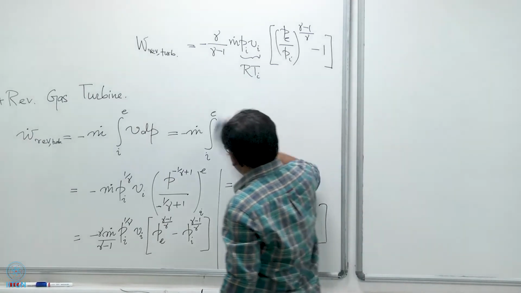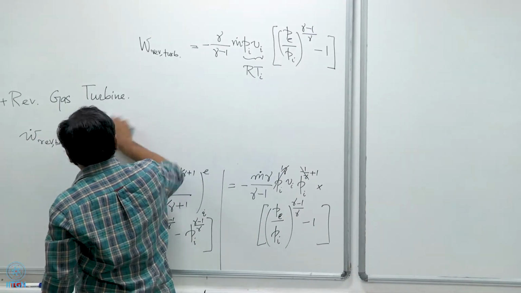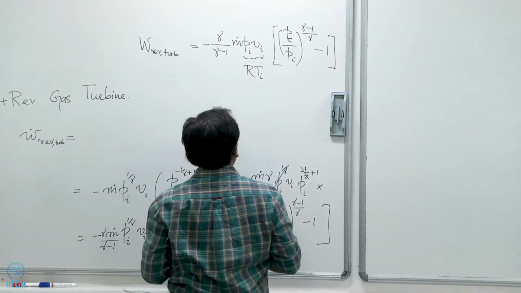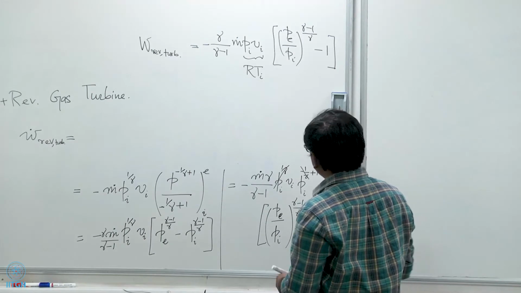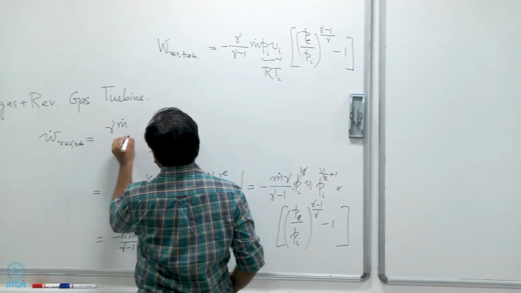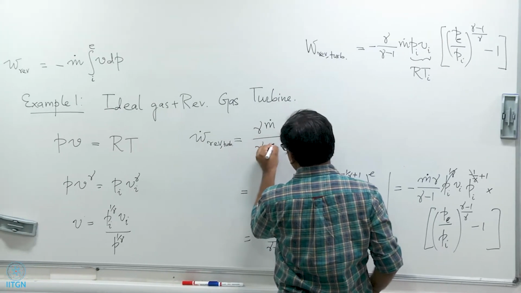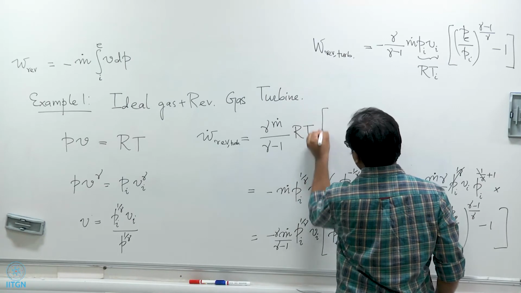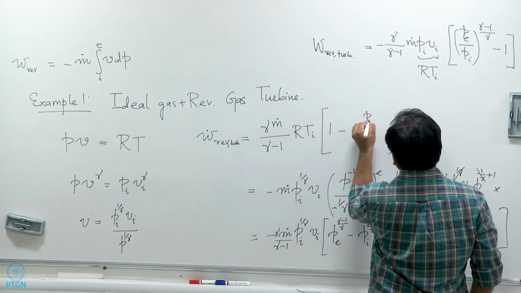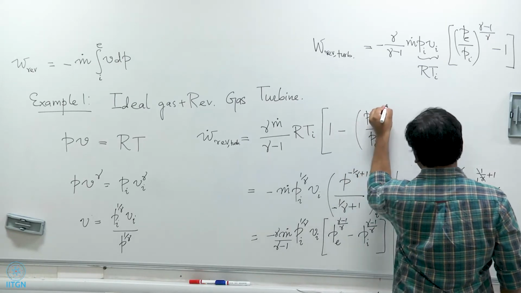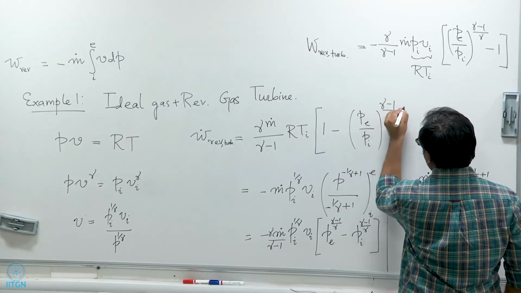What I can write finally is, after some algebraic manipulation, gamma by (gamma minus 1) times m dot R T_I into [1 minus (P_E by P_I) to the power (gamma minus 1) by gamma].